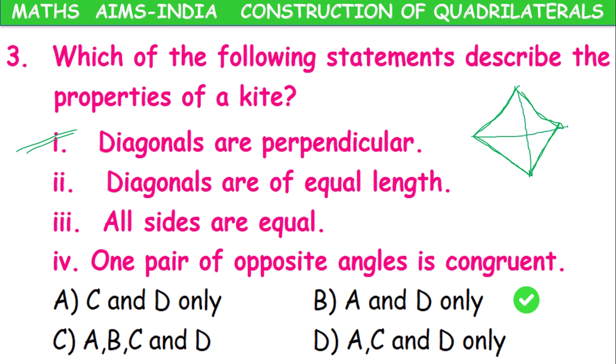Diagonals will always be perpendicular, and only one pair of opposite angles is congruent. So the answer is A and D only, 1 and 4 only. All sides are equal, wrong. Diagonals having equal length, wrong.